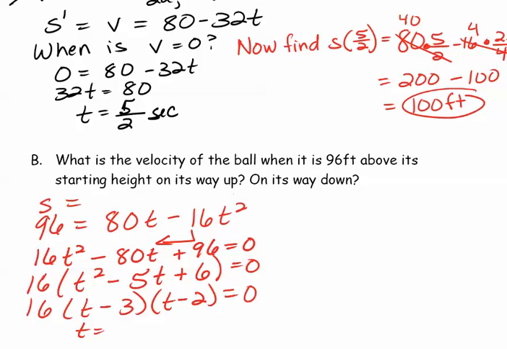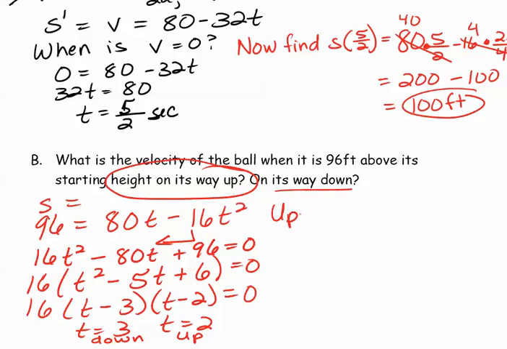So we get time equals 3 or time equals 2. Now be careful here. It says we only need to figure this out on its way up. So the 2 seconds must be on the way up, and the 3 seconds must be when it reaches the same height on the way down. Okay? So we need to do both, I guess, for the second question.